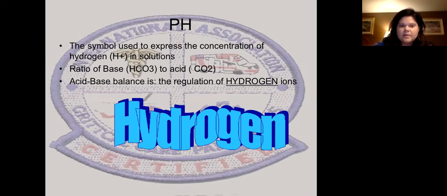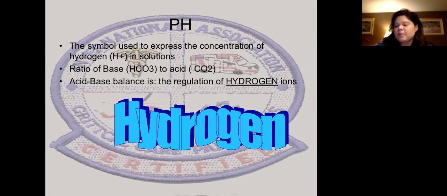Then you have pH, the symbol used to express the concentration of hydrogen in a solution. So if you have a low pH and a high hydrogen, you're going to have acidosis. And all this is a ratio of the amount of hydrogen that's being retained or lost, a balance if you will, between the base, which is your bicarb, and the acid, which is the CO2.